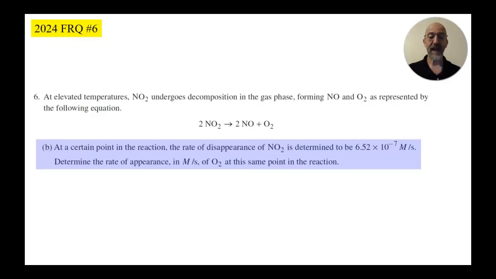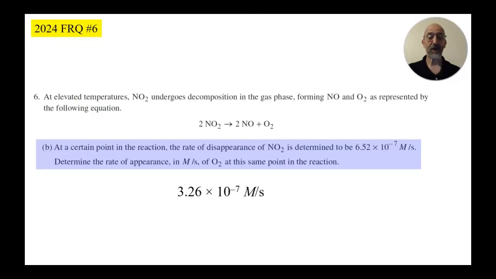And the question asks, determine the rate of appearance, so not disappearance, which is the NO2 reactant, the rate of appearance in molarity per second of oxygen. Now, I think we probably have to use the coefficients at some point here to answer this question. This is what the student said.